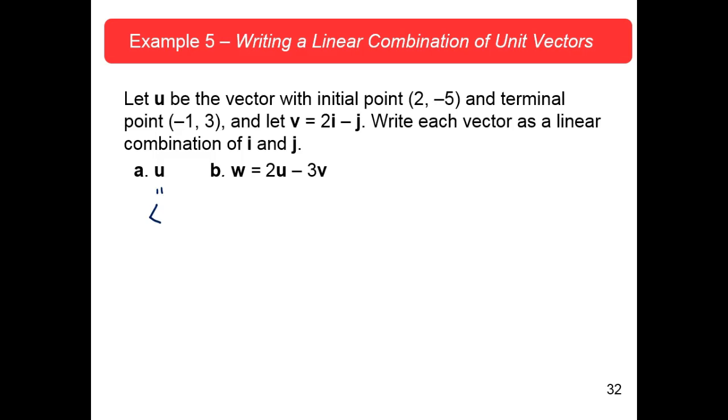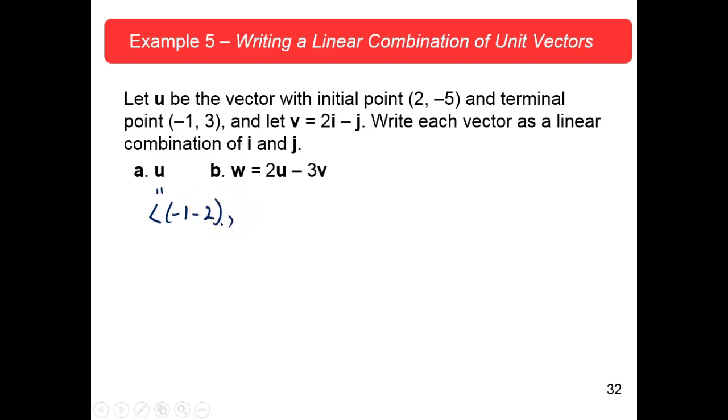This was last week, or maybe even Monday. You remember? You sure should. The x component is always the terminal minus the initial of the x value. So that would be -1 terminal minus 2 initial.